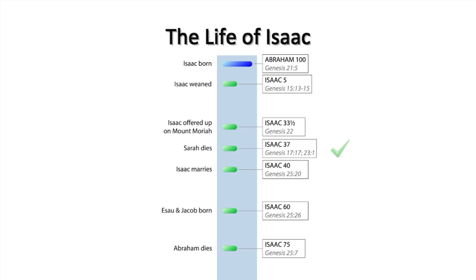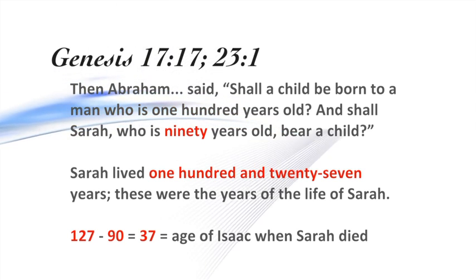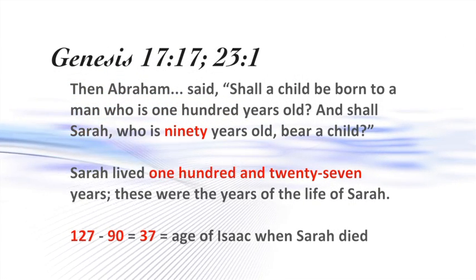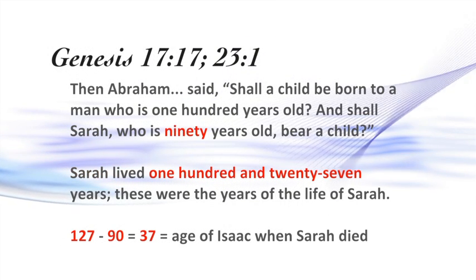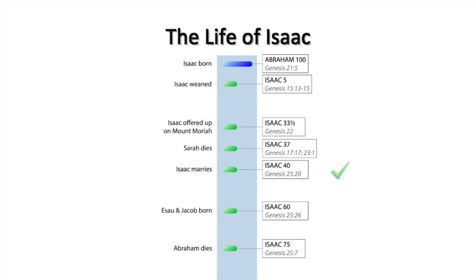When Isaac was 37, that's when Sarah died. That's in Genesis 23. When he was 40, Isaac married Rebekah.